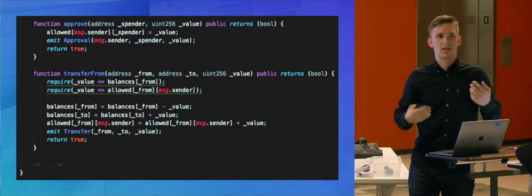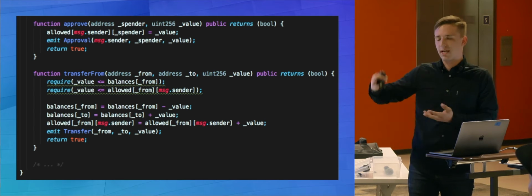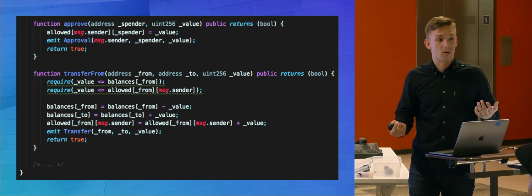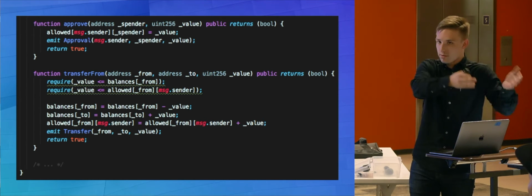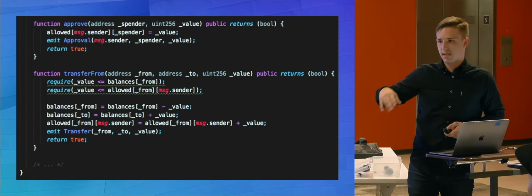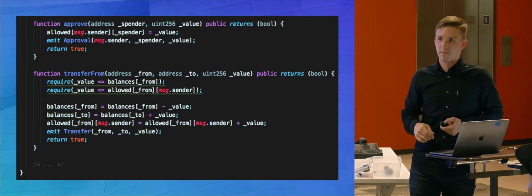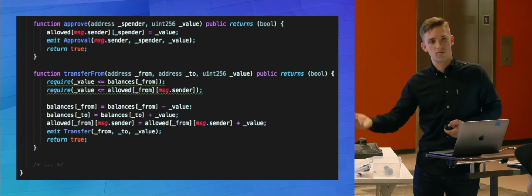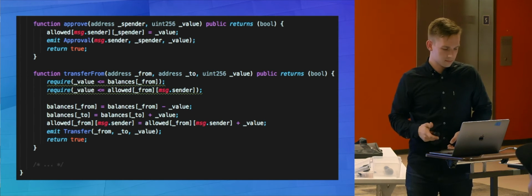And unless someone is watching that contract and then calling their DEX contract to respond to it, that would be like an oracle, they wouldn't know about that transaction. So if I call approve on the token contract and then call a function on that DEX that now calls transfer from, that DEX contract actually knows about the transfer. So that's why this was needed.